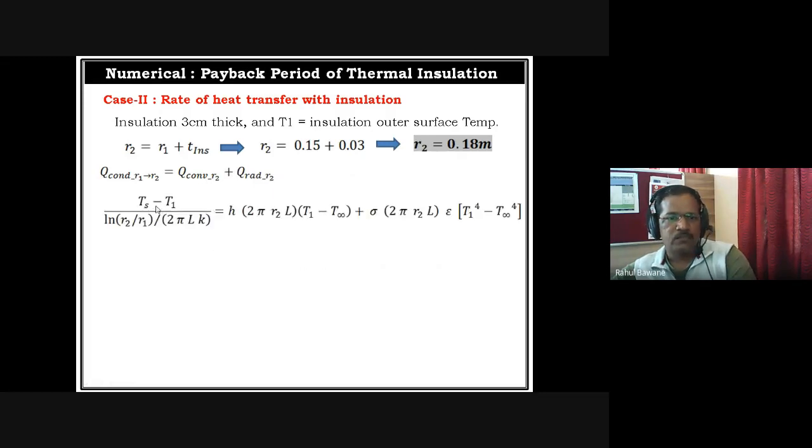Okay. The conduction formula we know, basic formula ΔT by R total. It is a cylindrical section. So what is the ΔT?